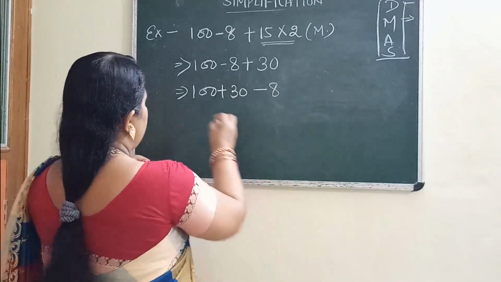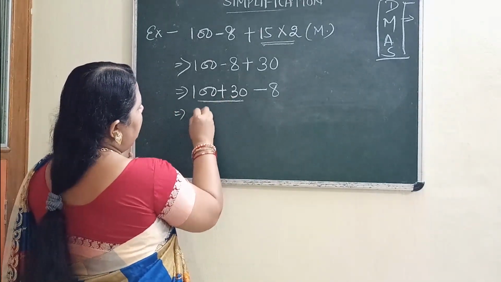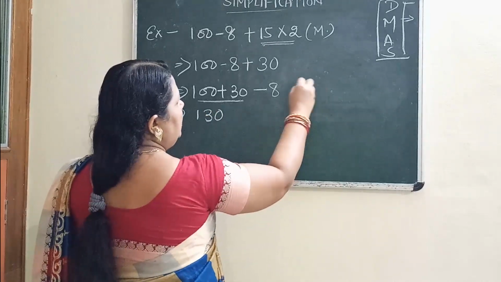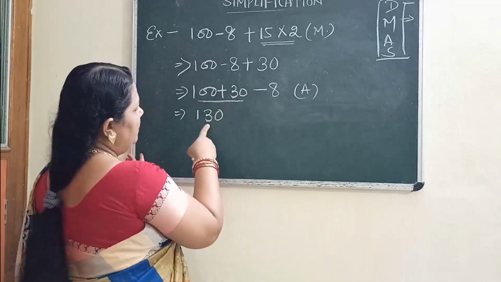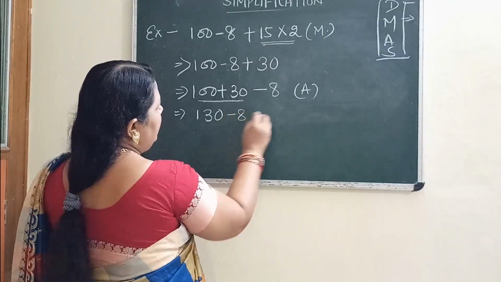Okay, so what you will do? 100 plus 30, addition operation, you will write 130. So what have you solved here? Add the value. You have written the value 130 and write minus. So what will you do?